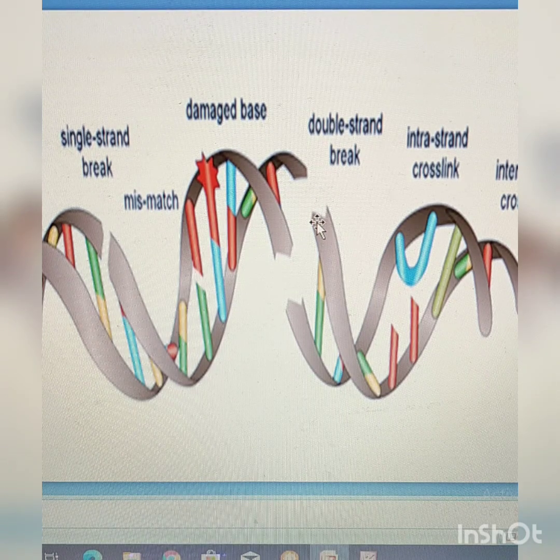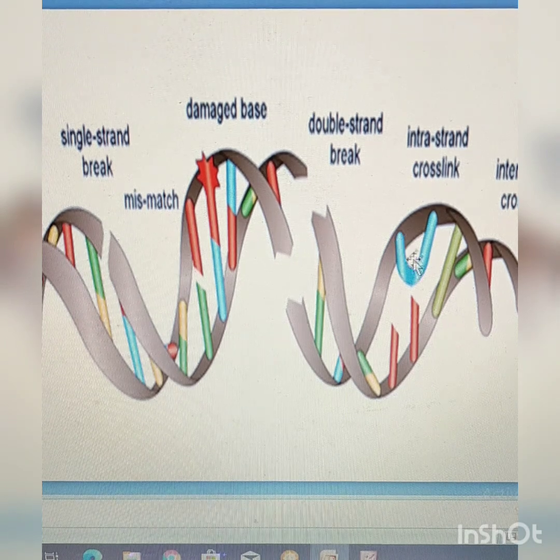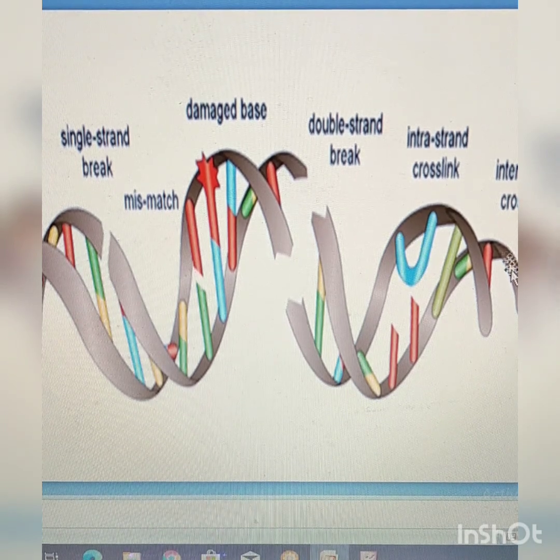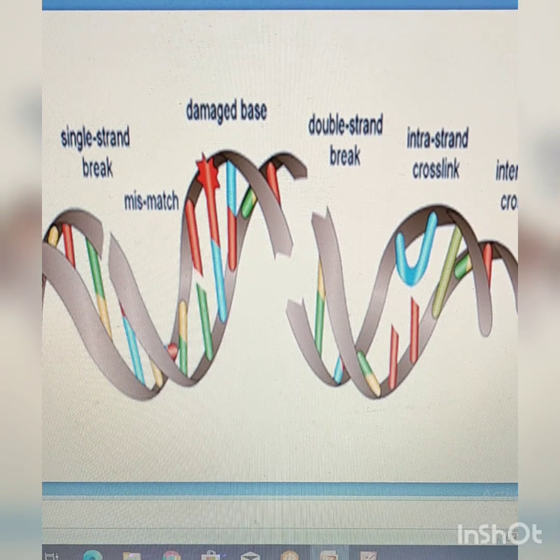So this is due to radioactive disintegration of backbone element or oxidative free radical formation. And there are also cross linkages, intrastrand and interstrand. When the cross linkage is between bases in the same strand, then it is called intrastrand, and when it occurs between opposite strands, then it is called interstrand crosslink.